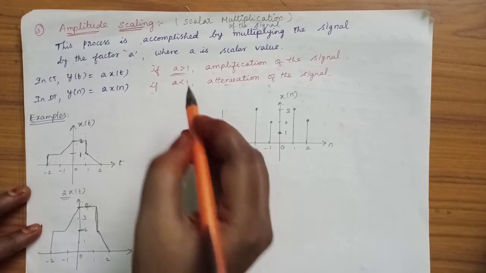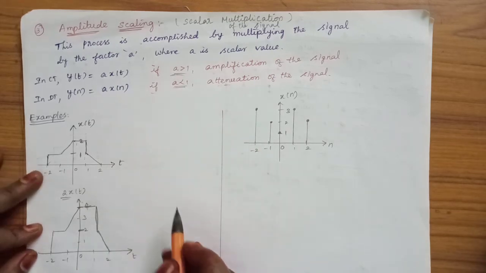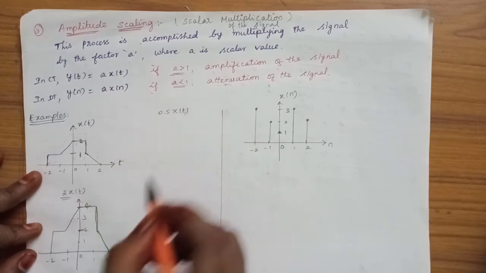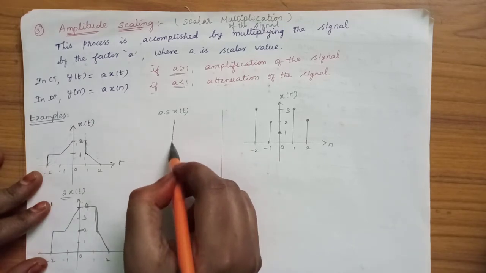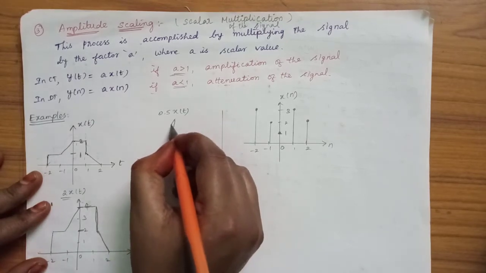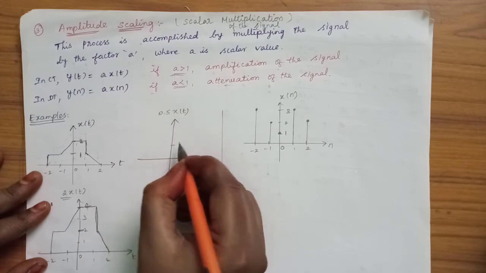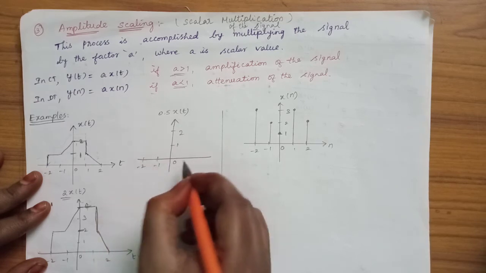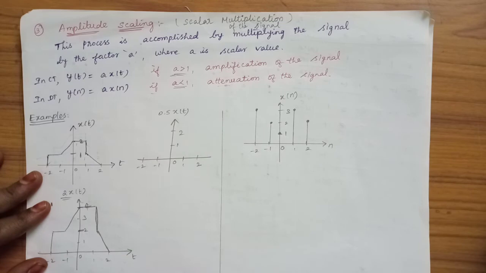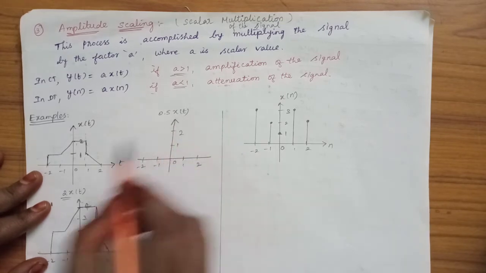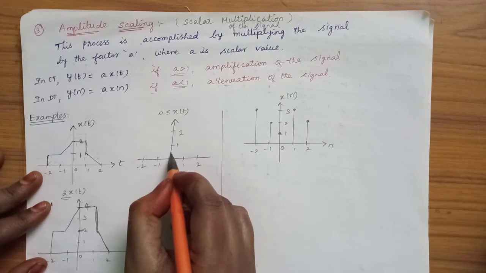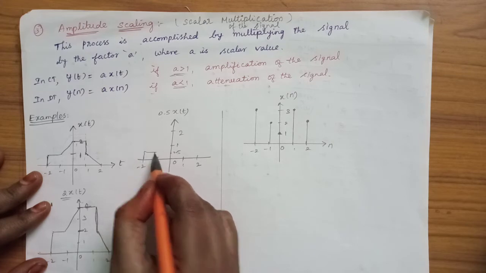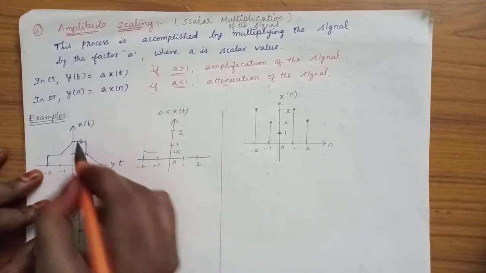And we'll see one more example for a less than 1. Take 0.5 into x of t. So 1 into 0.5, 0.5. So minus 2 to minus 1, it's 0.5. And 2 into 0.5, it's 1.